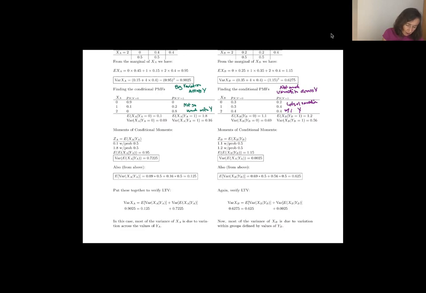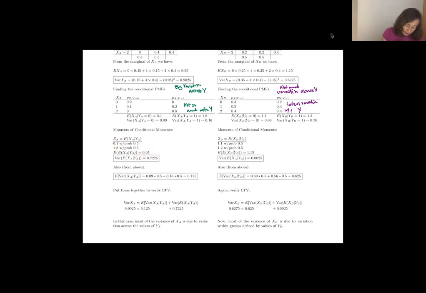Z is just a number that takes value 0.1 with probability 0.5, the probability that y is 0, and it takes value 1.8, also with probability 0.5, the probability that y is 1. The expected value of this z is 0.95, and we can calculate its variance too, and we get that number.